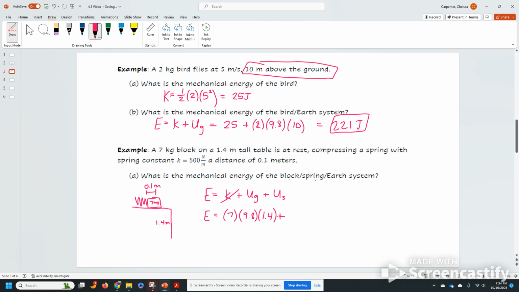And then we also have been compressing the spring. So that's our 1/2 times our k, which is 500 Newtons per meter, and then 0.1 squared. So our total energy is about 99 joules.